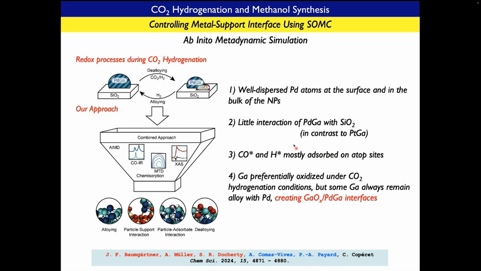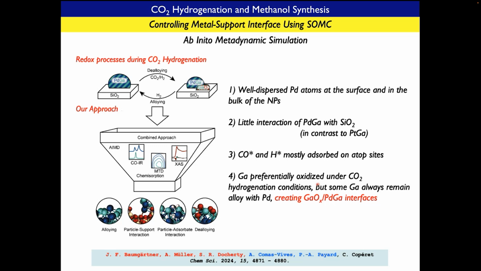We could show that CO and H absorb mostly on palladium top sites, and that all seems to point towards the formation of a palladium gallium oxide interface to promote CO2 hydrogenation. We believe that the role of gallium is to prevent formation of palladium islands, which would be poisoned by CO, while gallium oxide very likely promotes the methoxy formation rate, and thereby the methanol formation rate.